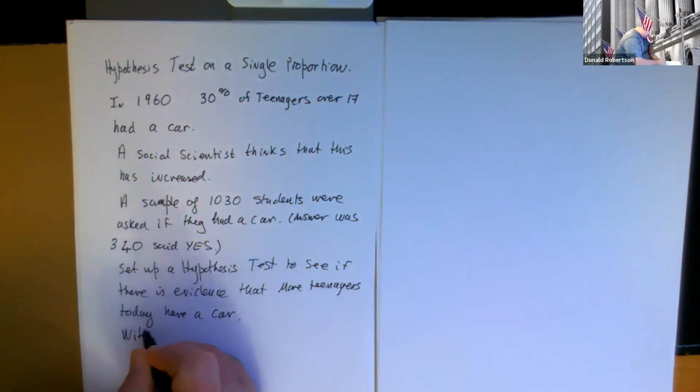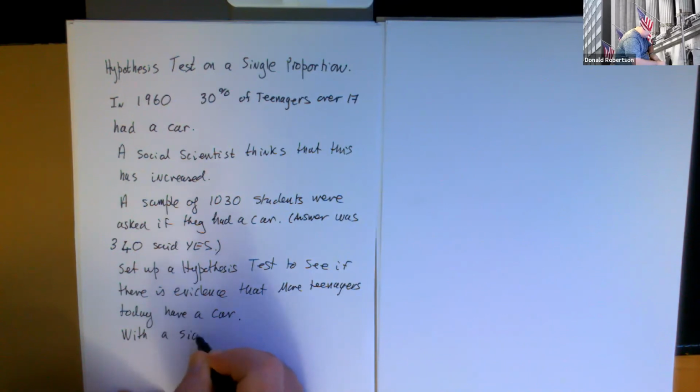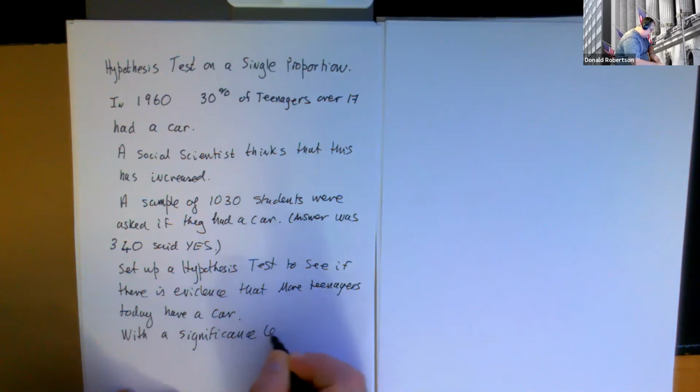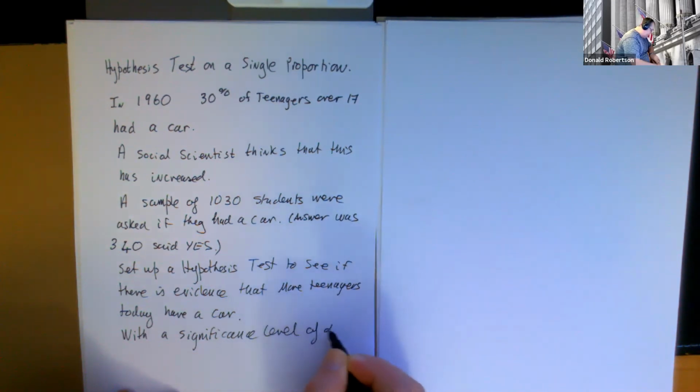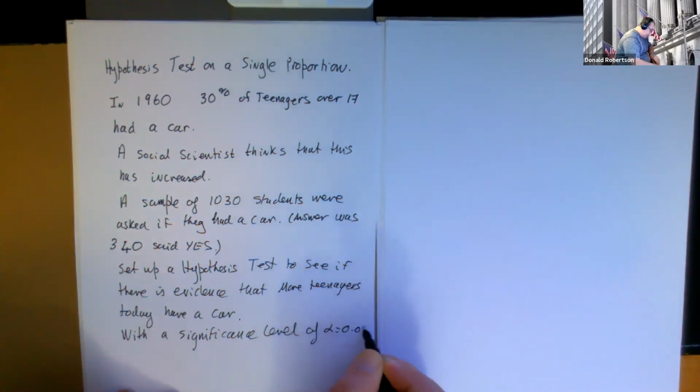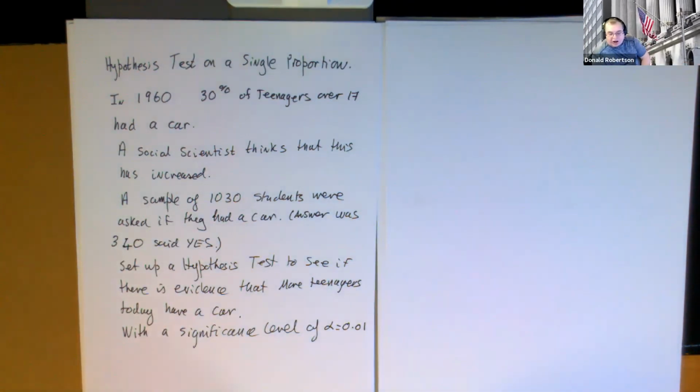And it's phrased like this: with a significance level of, and then they'll write something like alpha equals 0.01. This is very important at the end. It's not really going to have any effect until we get right to the end and we make our conclusion, yes, there is enough evidence, or no, there's not.